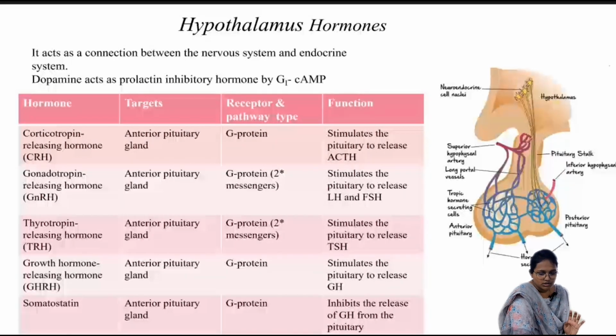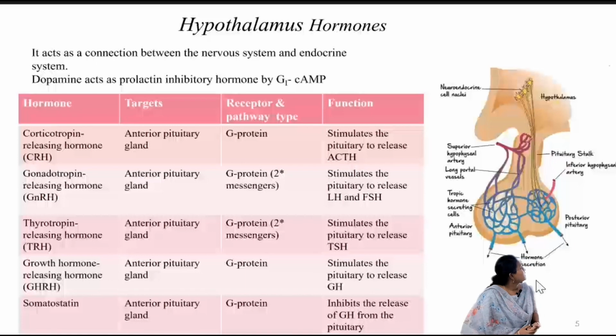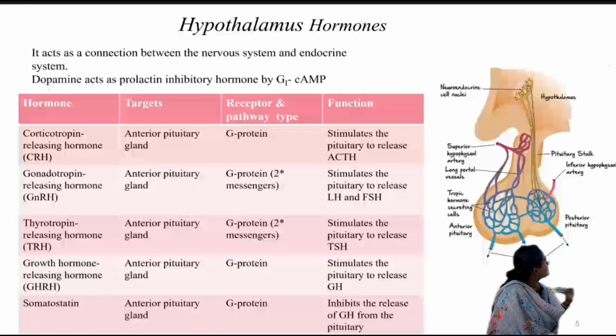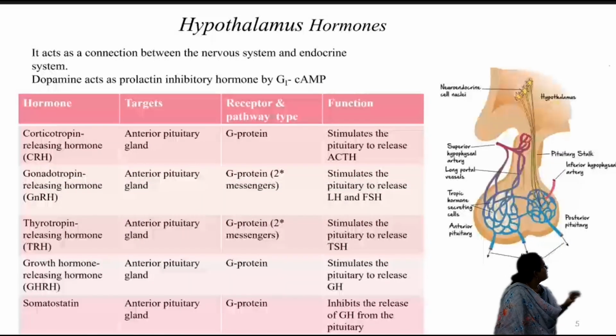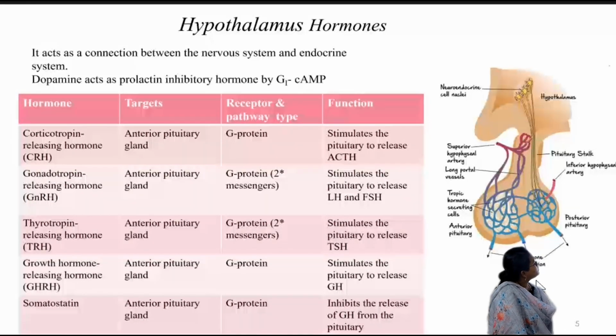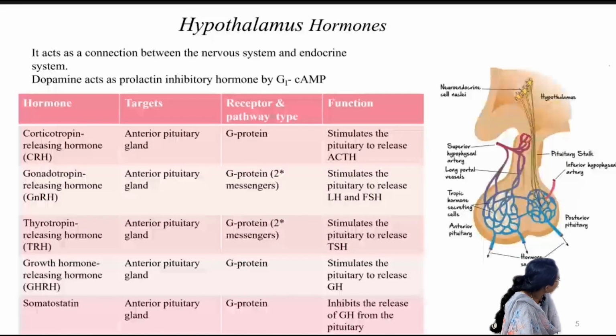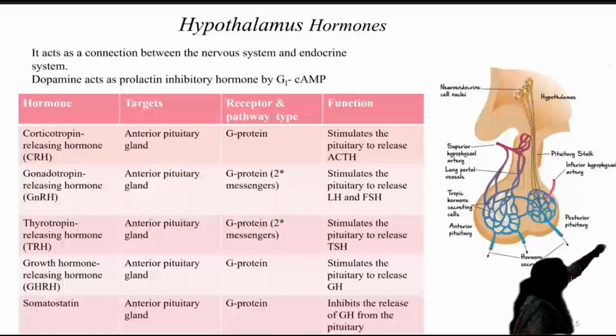Coming to that, can you see that image? In that, the hypothalamus and pituitary are there. The larger lobe is the anterior pituitary. The hypothalamus works on the anterior lobe through blood vessels. Can you see the nerves?